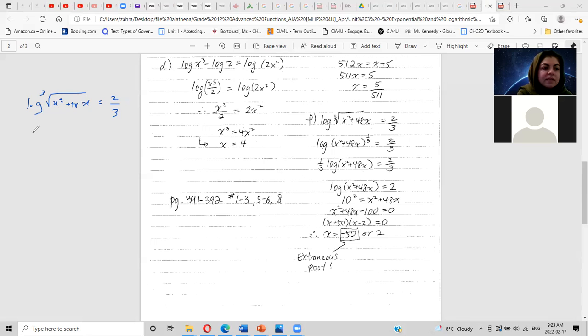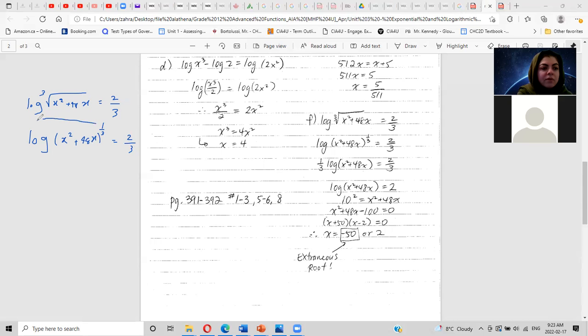I just write it as a power: log of (x squared plus 48x) to the power 1 over 3, since the cube root can be written as power 1 over 3.